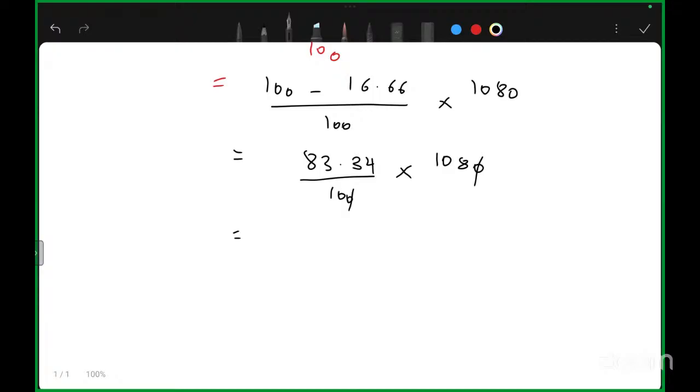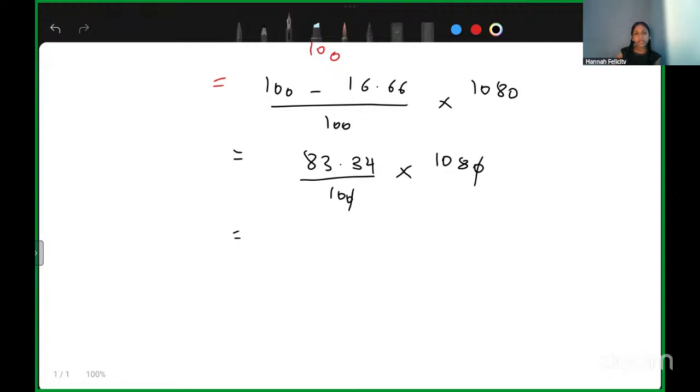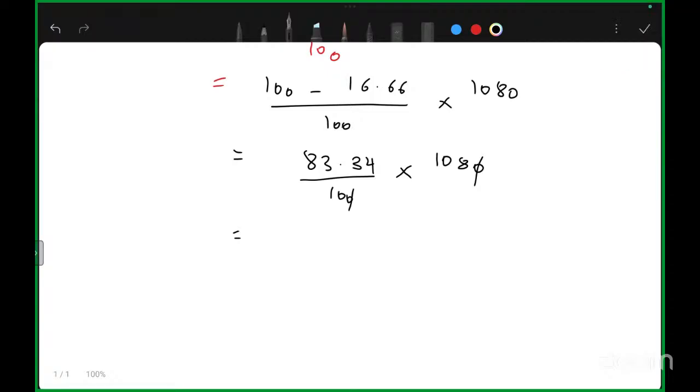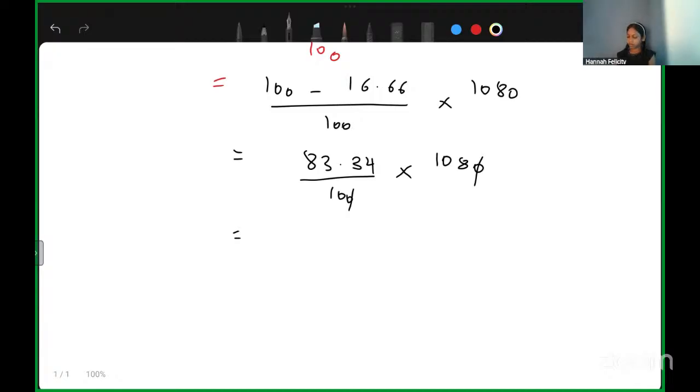Ma'am, can we also remove the decimal point and add another 0 to the 100? Yes, Hannah, you can do that.